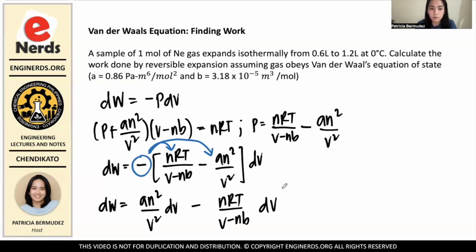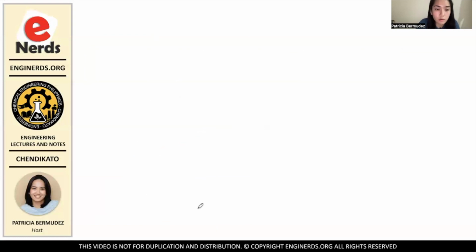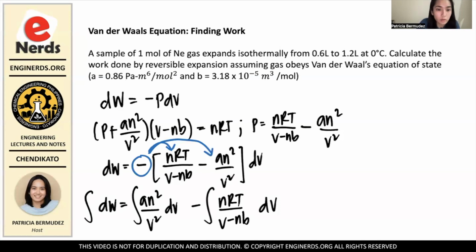The next step is simply to integrate. You're going to integrate this as well as this. Let's recall a little bit of integration. In this part, AN squared are constants, so what you integrate here is basically just this part.